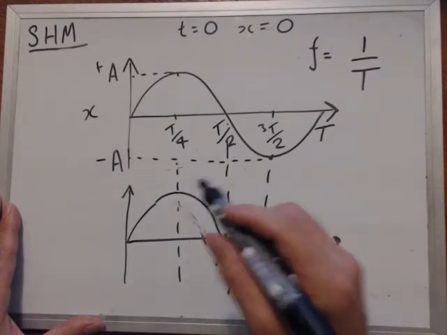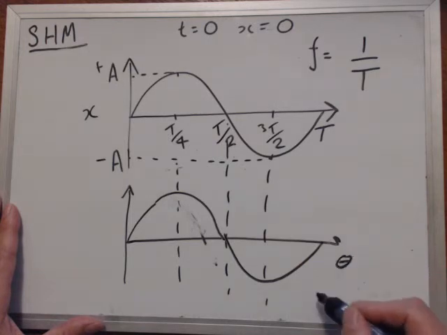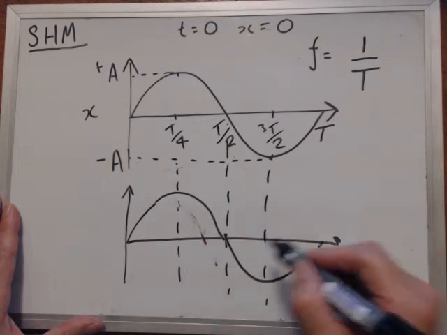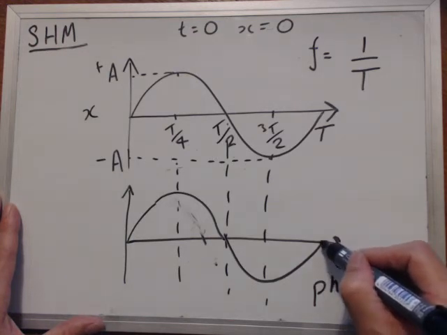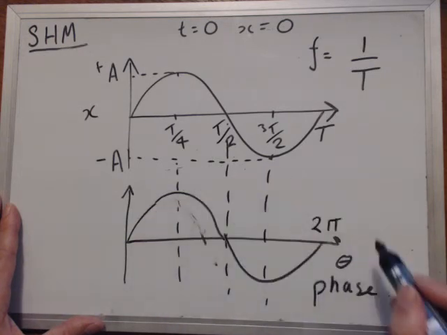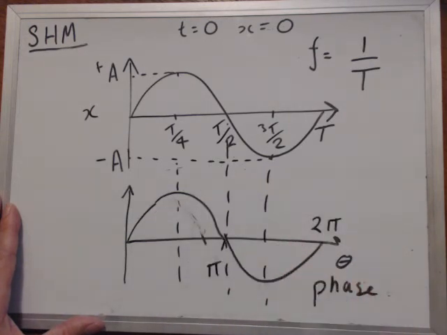Now, instead of looking at time period, we're going to look at theta, which is the phase in radians, or if you like, the phase angle. So the complete phase would represent 360 degrees, so therefore that's 2 pi for a complete cycle and pi for half a cycle.